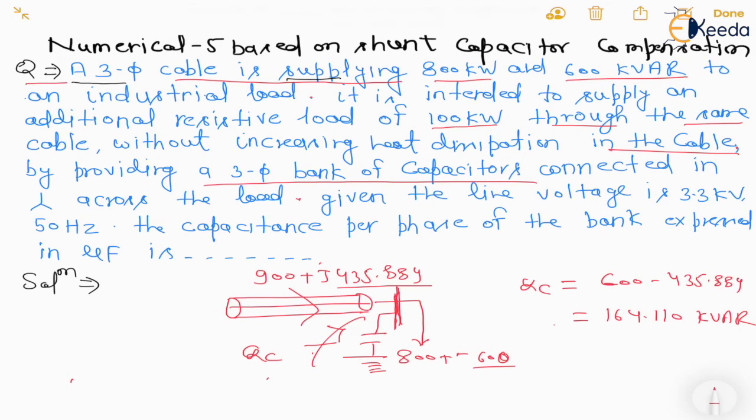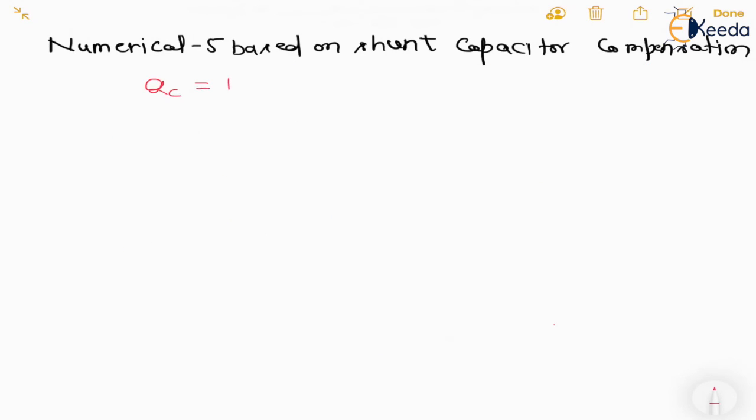But we need to find the capacitance per phase of the bank, when the capacitors are connected in star. So QC is equal to 164.110 into 10 to the power 3 VAR, kVAr or 10 to the power 3 VAR, same. Now when our capacitor bank is connected in star, the voltage across each phase will be the phase value.